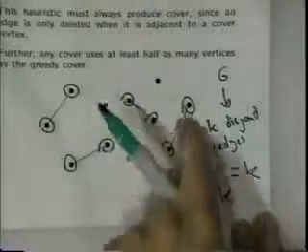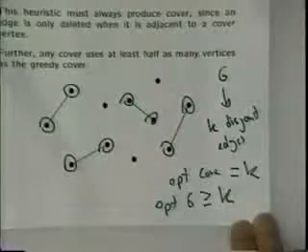What is the size of the cover that I'm actually producing with this strategy? I'm taking 2 vertices for each disjoint edge I create. What's the size of my cover? 2K. Why? Because what am I doing here? I start out with the graph.